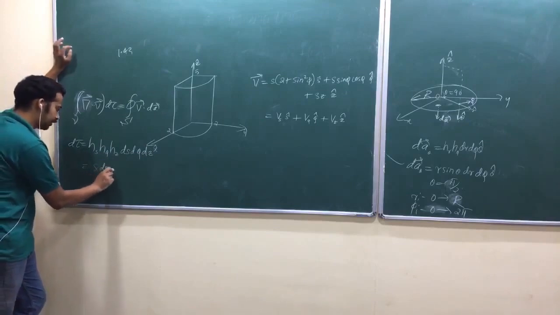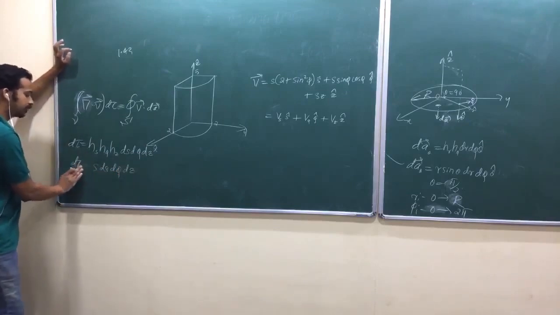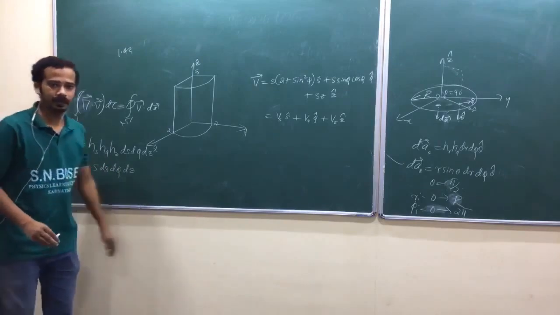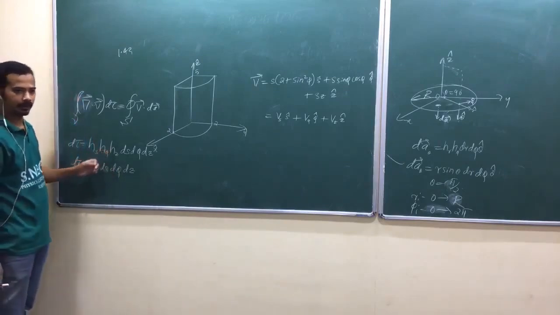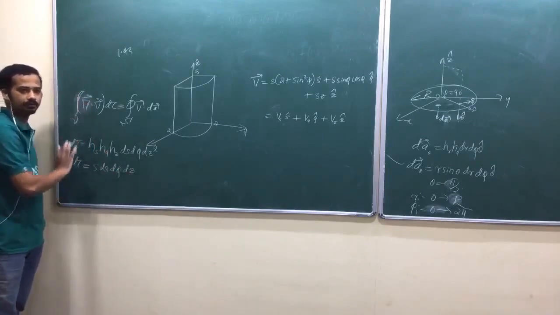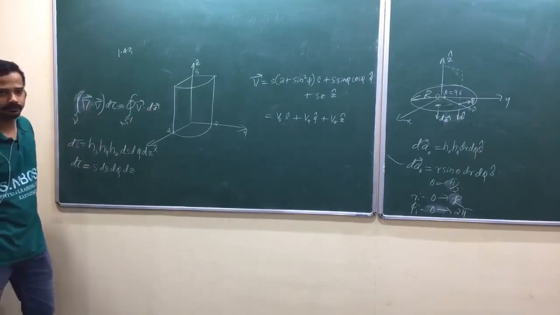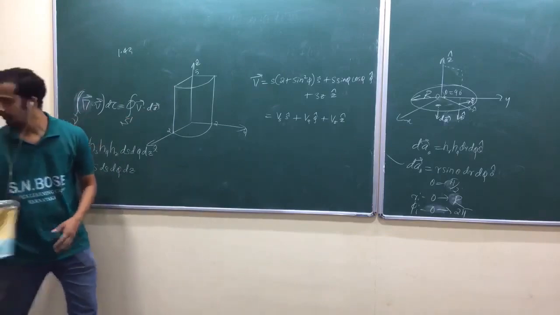Yes, ds d phi dz. That's your volume element in cylindrical coordinates. Take those mnemonics. Now look here, all of s, phi, z are variable while doing this volume integral. Now how do you run those limits?